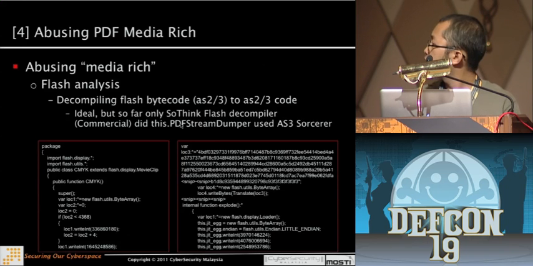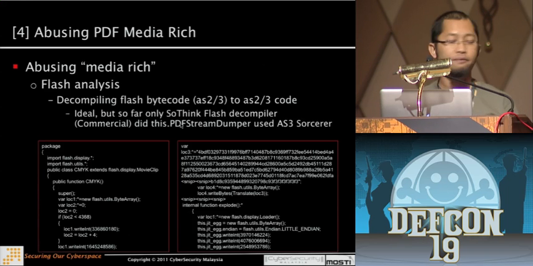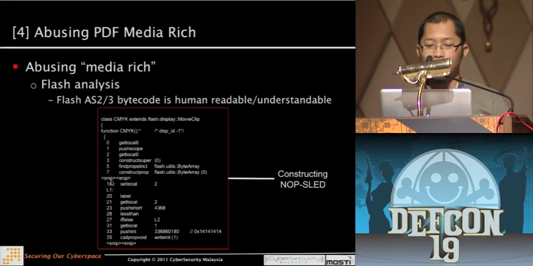So Sothink SWF Decompiler has a decompiler for this one, and if you look at PDF Stream Dumper, they have another proprietary tool as well called AS3 Sorcerer on this one. So this is pretty much what the decompiled code looks like in AS3. It's pretty much AS3 code here.